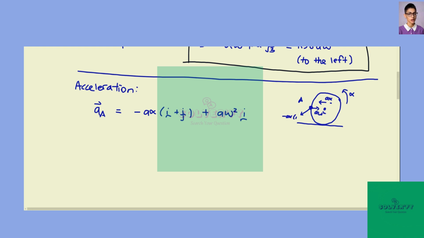Then you can group the components: A alpha plus A omega square I plus minus A alpha J.